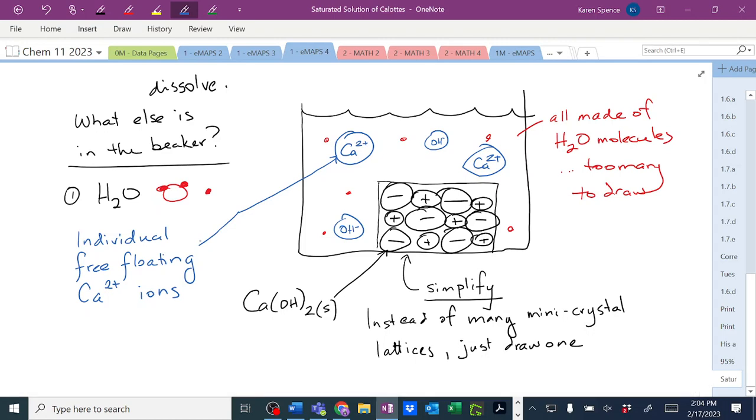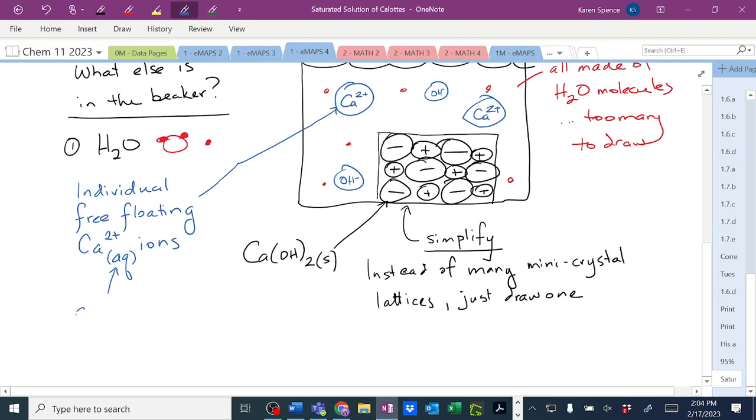What state should we put in our little brackets at the bottom of Ca2+? That is aqueous, yes, okay? AQ stands for, in case you don't know, aqueous, which means dissolved in water. So that's good. We also have OH minus aqueous.